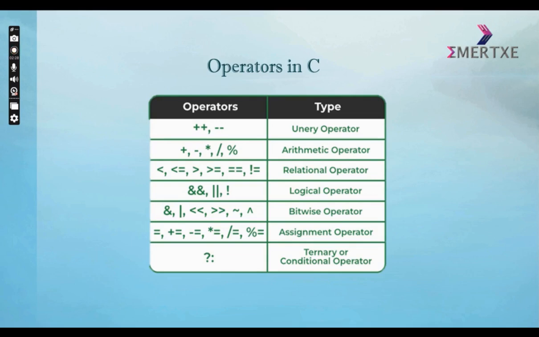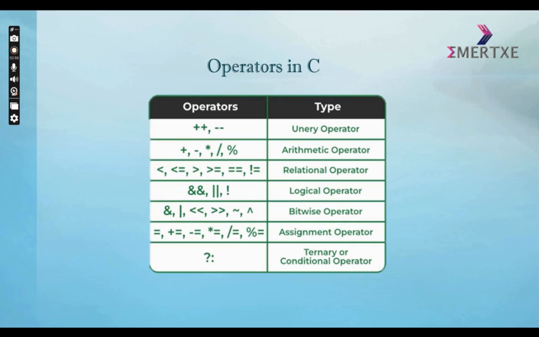Relational operators are used to compare two values and return a Boolean result based on the condition. Logical operators are used to perform logical operations, often used in conditions and decision making. Then bitwise operators operate at a bit level, used to manipulate individual bits of the data.